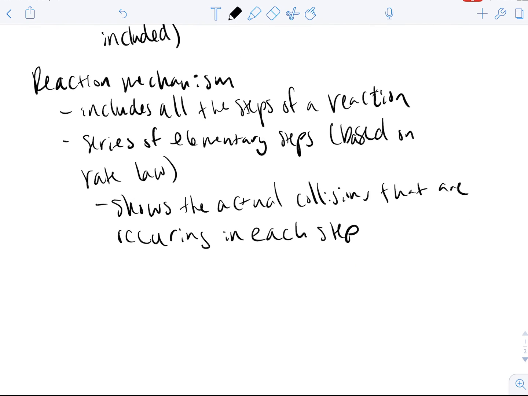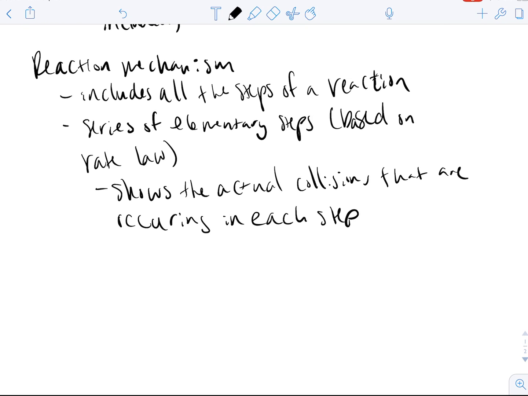Each of these elementary steps, those collisions, show how many molecules are actually participating in each step. So we have something called molecularity, which tells us how many reactants are involved in a particular elementary step.